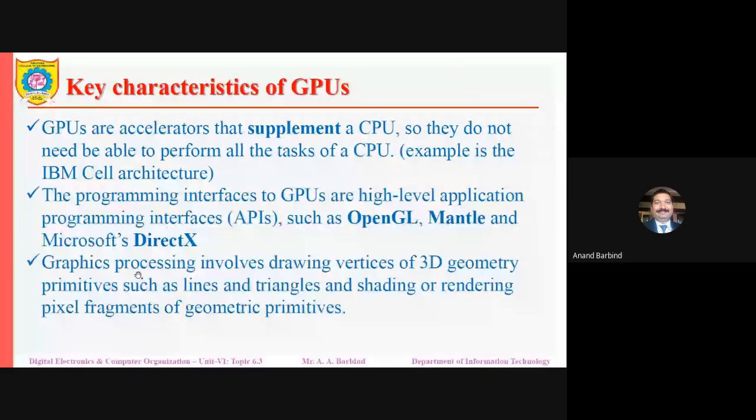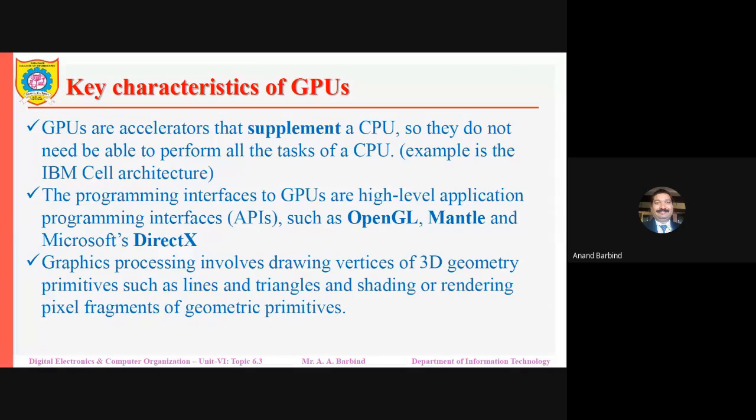Most of the time, any graphics is developed by drawing geometrical curves or lines, starting from the vertices up to lines, circles, ellipses, triangles, rectangles, squares, or multi-sided polygons.